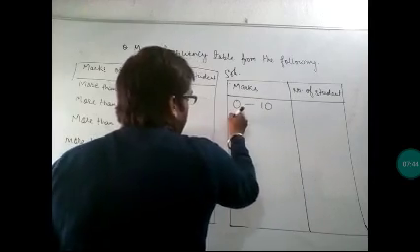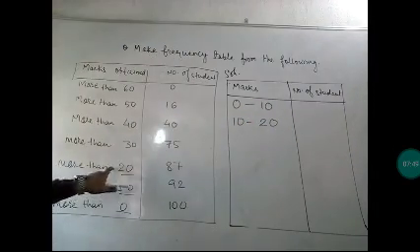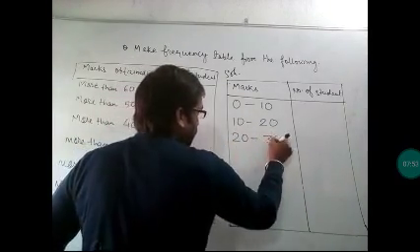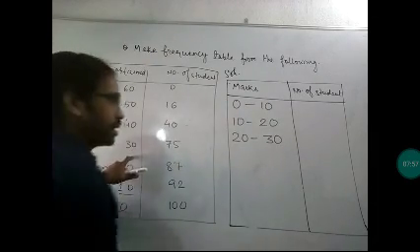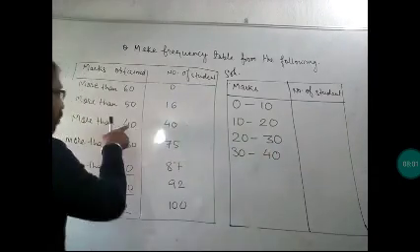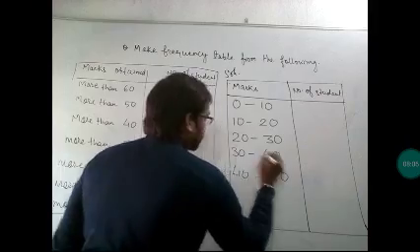So it's 0 to 10, then 10 to 20, then 20 to 30, then 30 to 40, then 40 to 50, because it's more than 40 and class size is 10, so 40 to 50.